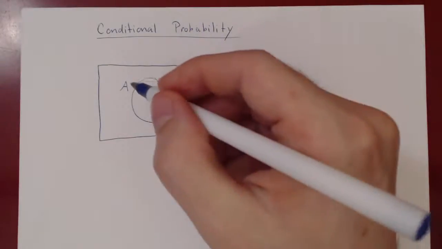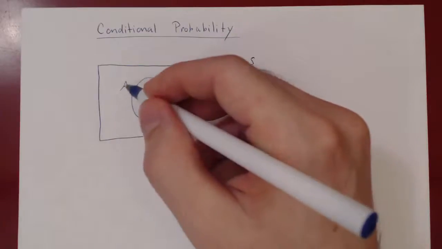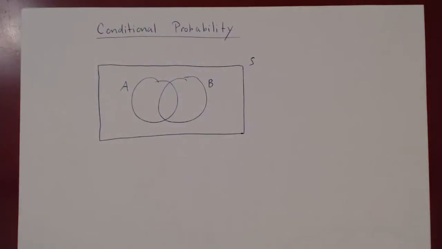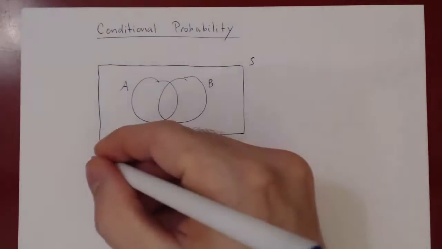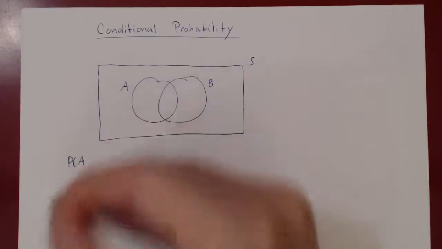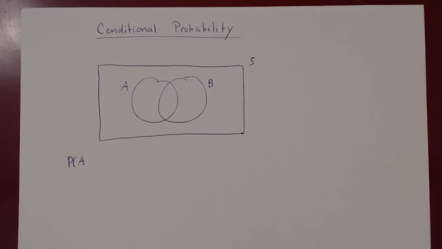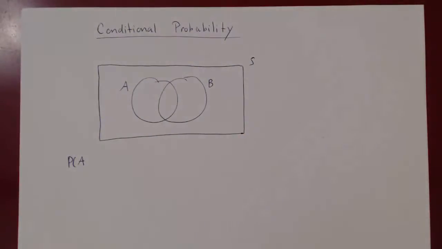Sometimes we just want to find the probability of A, so P of A. Other times we have additional information. So what if we ask, what's the probability of A, but now we know that event B has already occurred?